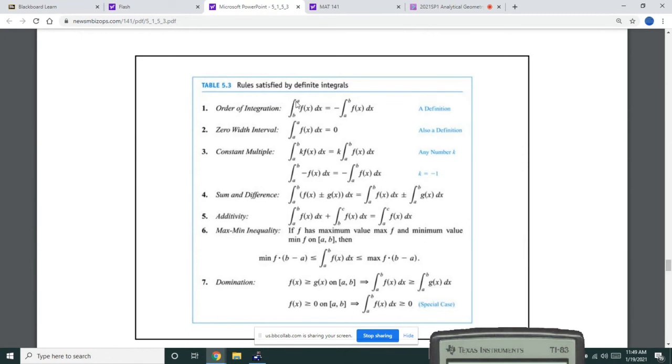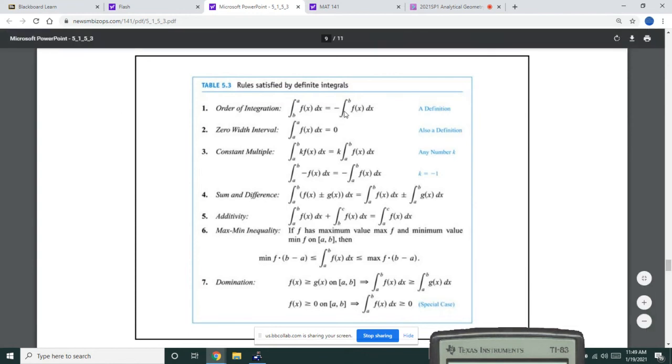Let's say the integral from 6 to 0 of f of x dx was equal to 5. If I were to reverse those limits, that integral will be equal to -5. Okay, so we'll take a look at that in a second. There's a zero width interval.